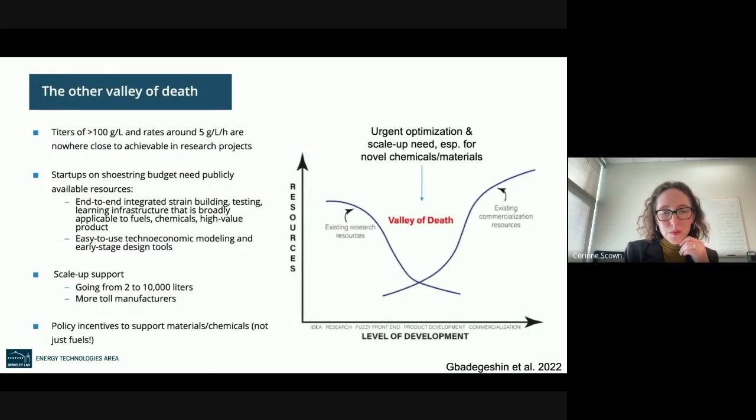So what do we need to get there? One of the things that we found in our research is that we work with a lot of people who are on the early side, at the R&D stage. You get yields and titers, if you're making something microbially, that are at first not particularly impressive.